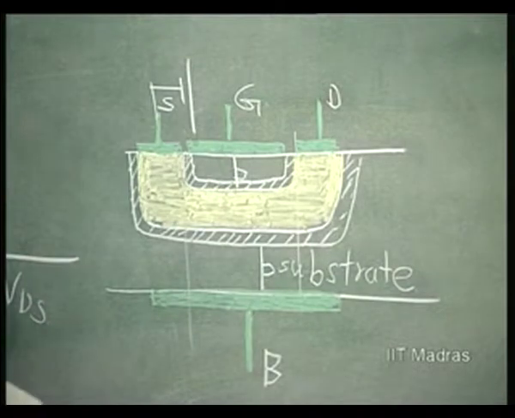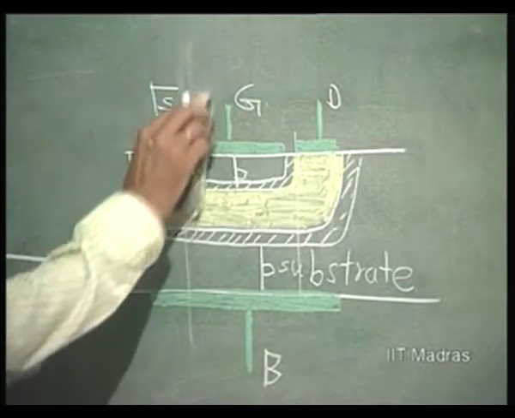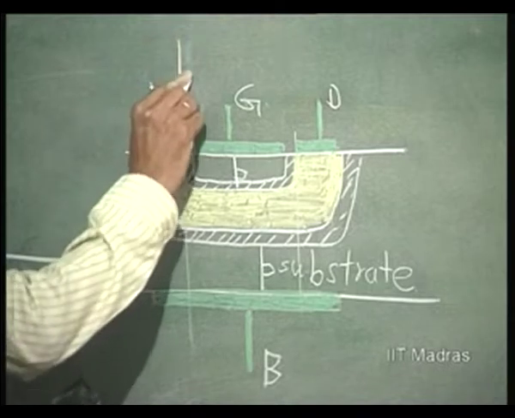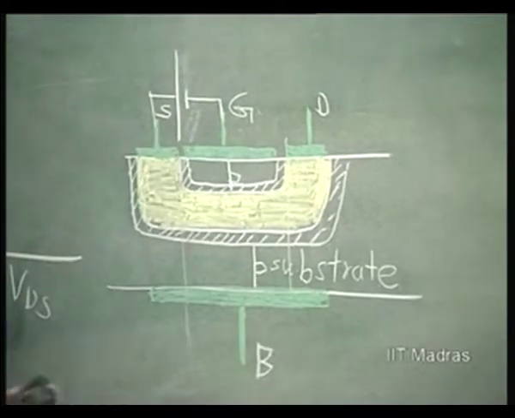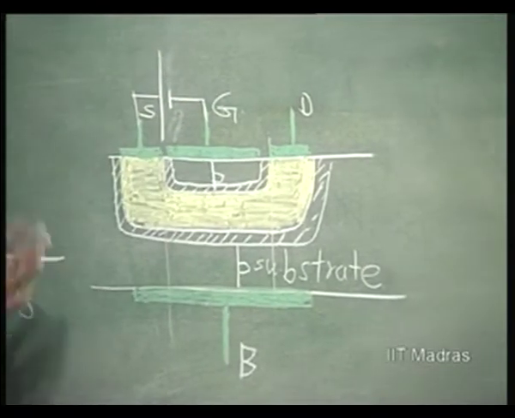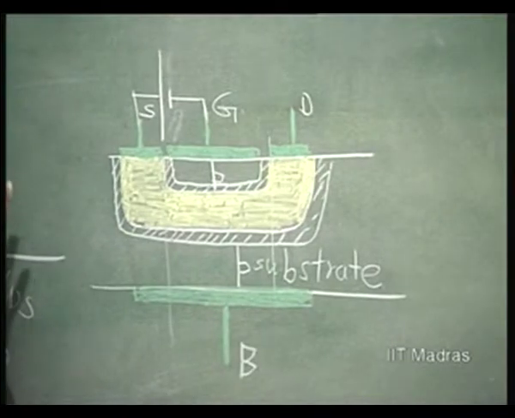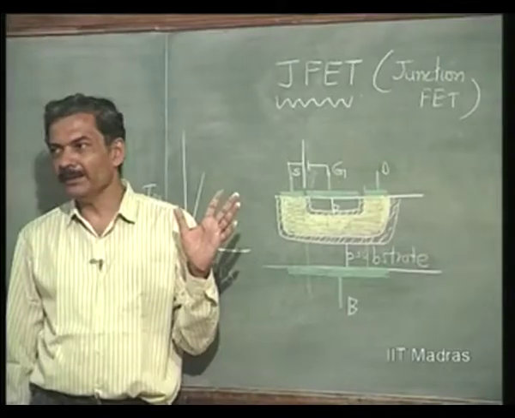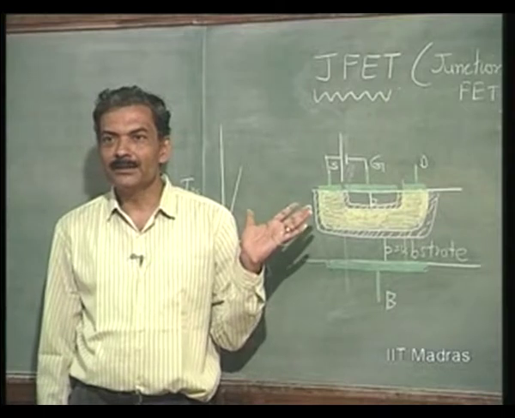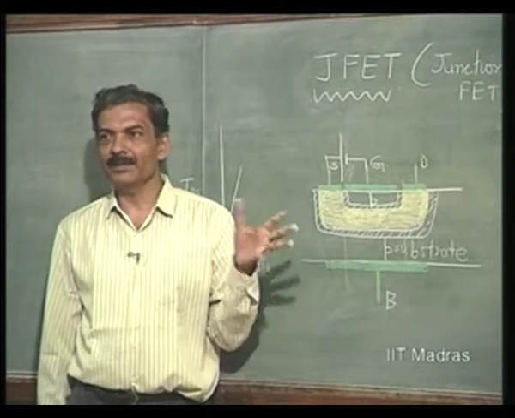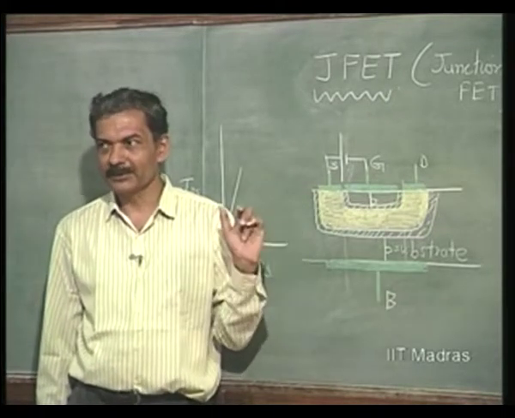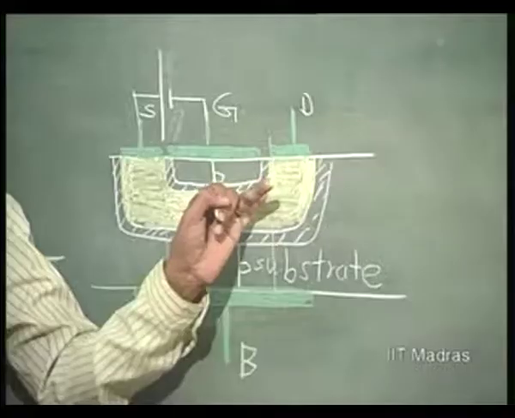Please remember, for the same N channel MOSFET, we had to bias it with positive voltage. That is because we wanted to cause a channel to exist. Here the channel is already existing.